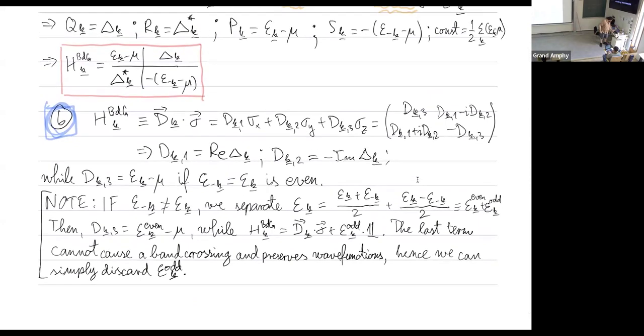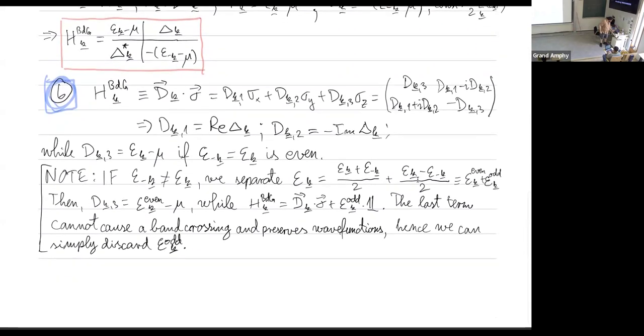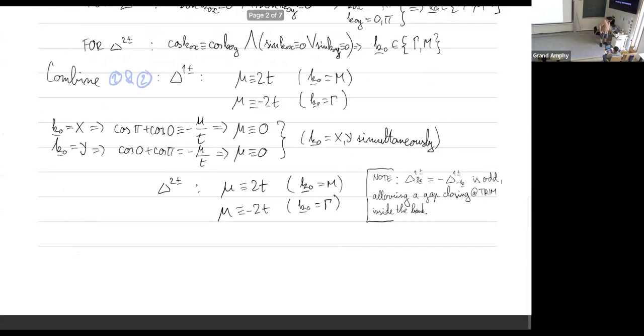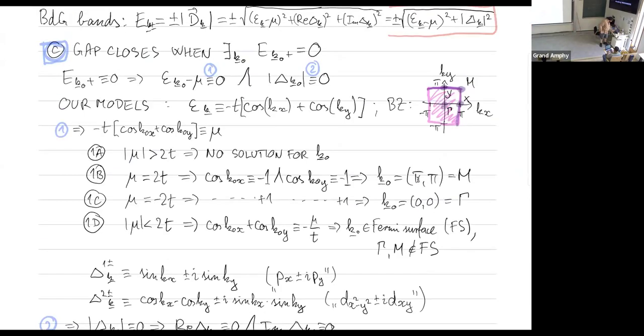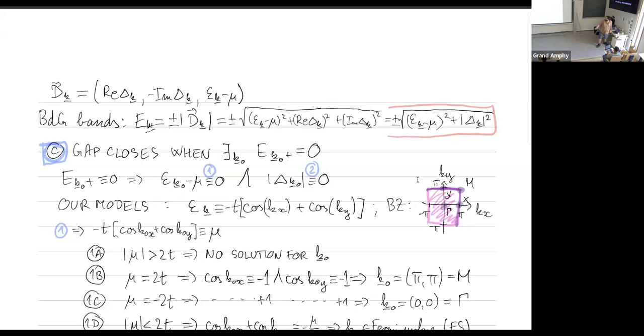Then it was identifying this d vector. It's just a 2 by 2 matrix, so the d vector in the end should look like that. These are off diagonal, sigma x, sigma y, and then on sigma z is the normal dispersion. And then the band structure is just the length of the d vector.